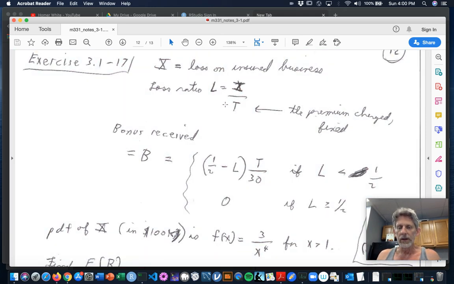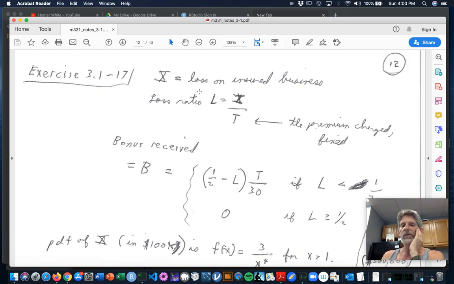So the insurance company wants the loss ratio to be low. They would like their insurance salespeople to sell insurance to very unrisky businesses that don't claim a lot of X. And that way the insurance companies make a lot of profit.